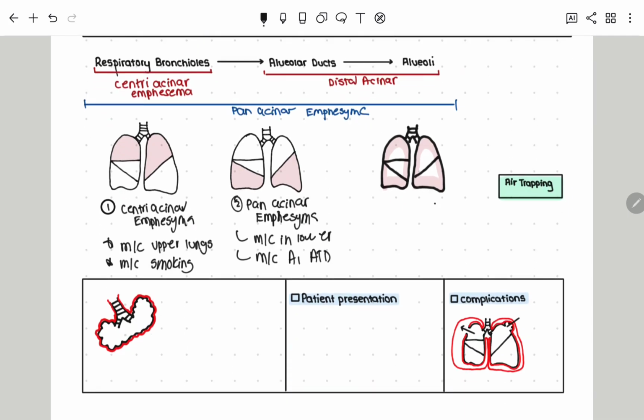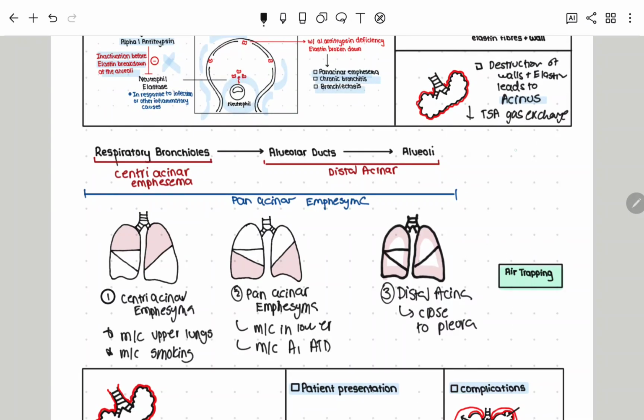And all you need to know as far as distal acinar is concerned, it can be caused by both smoking and alpha-1 antitrypsin deficiency, but the damage takes place more likely to the alveoli that are found closer to the pleura.